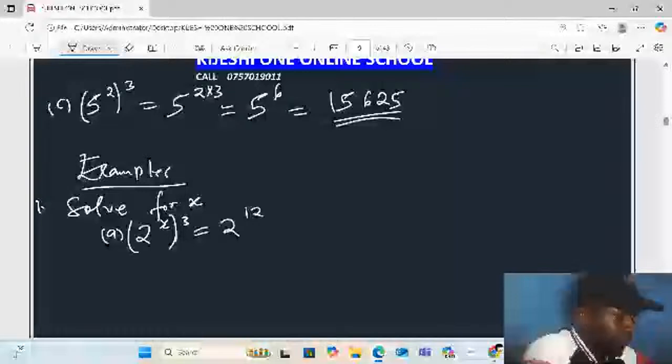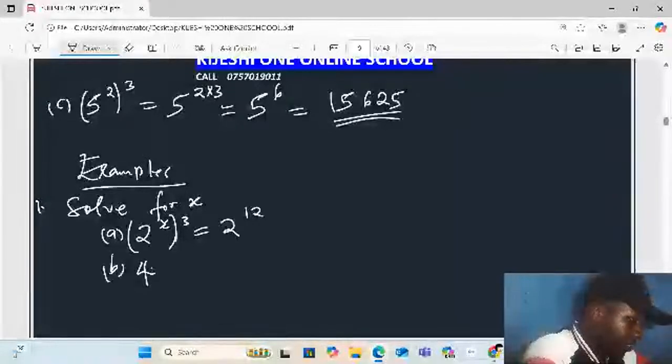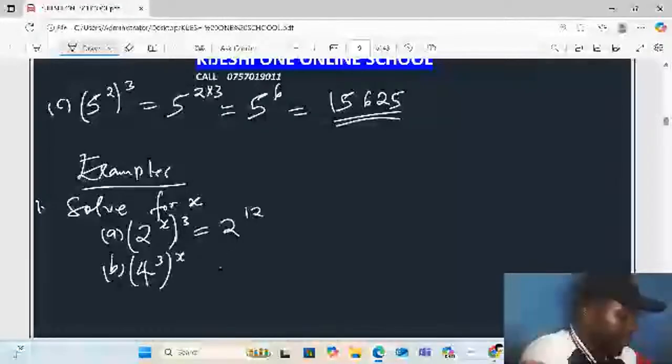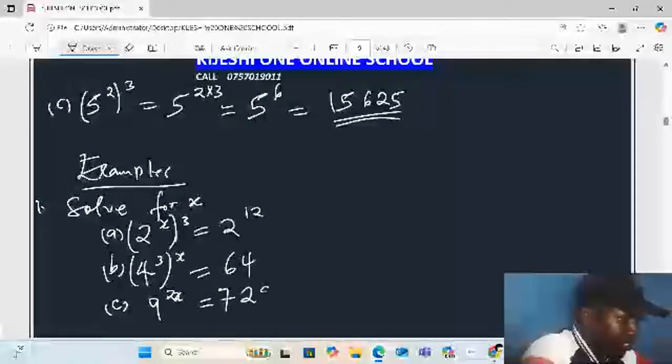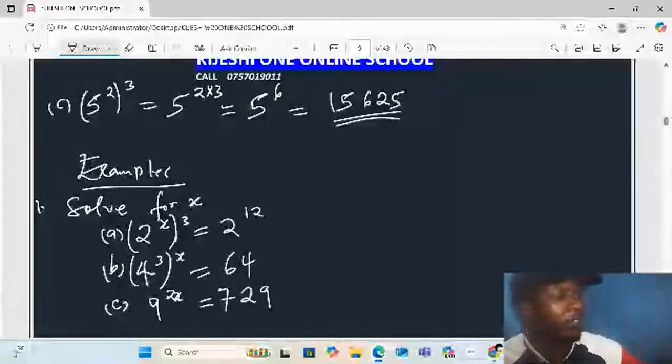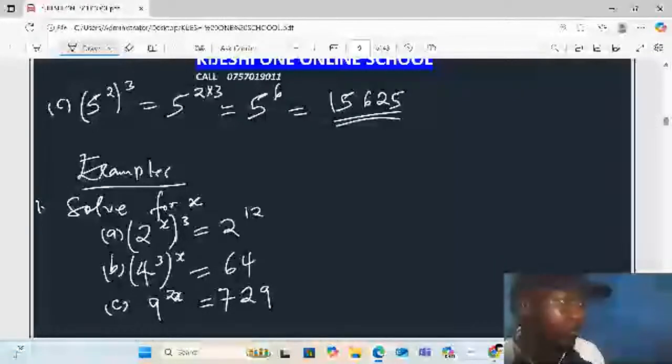Then B, 4 raised to 3, in brackets, then you multiply by x, that is raised to x, is equal to 64. Then C, we have 9 raised to x, which is equal to 729. So those are the other few examples that we have to look at, how we can work them out.